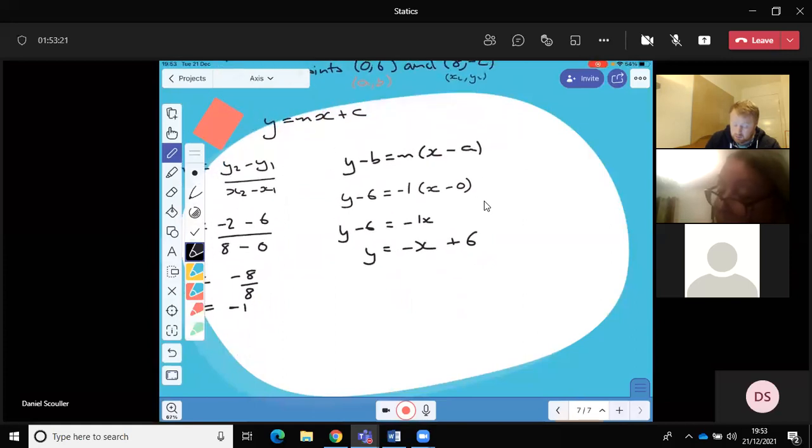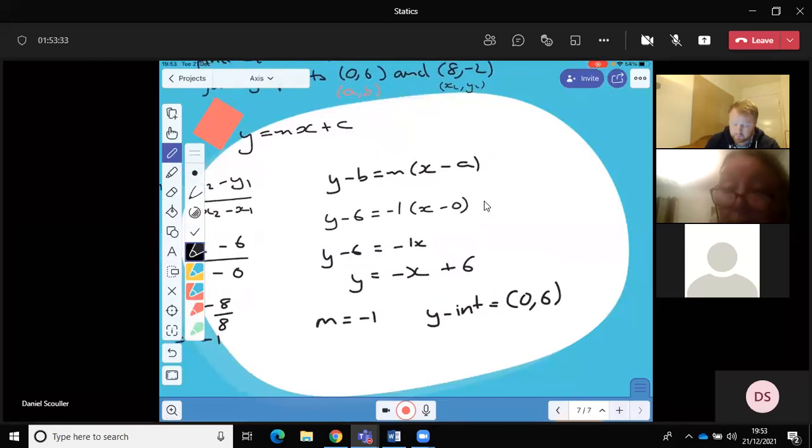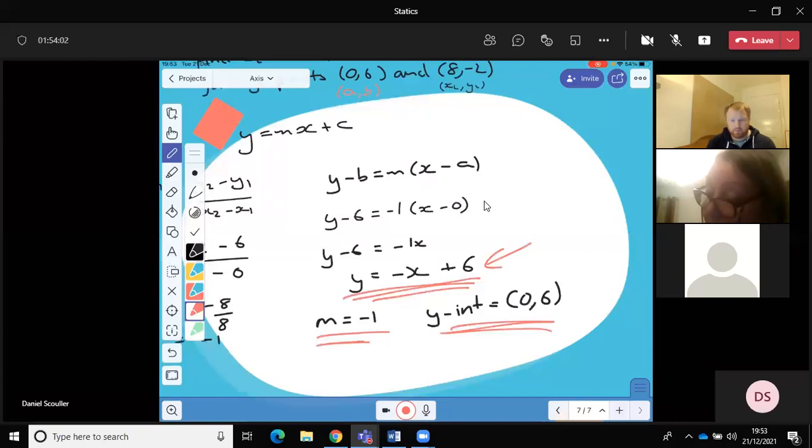So the gradient and the y-intercept. Everyone okay there? So that would be your answer, by the way. That's just me writing it out, but that's your equation of a straight line.